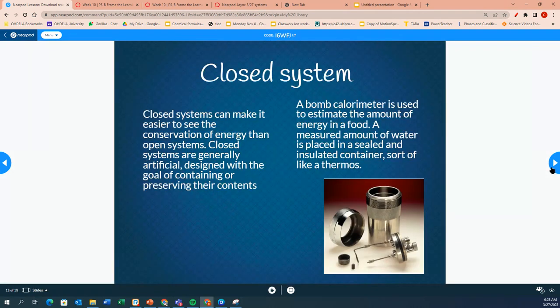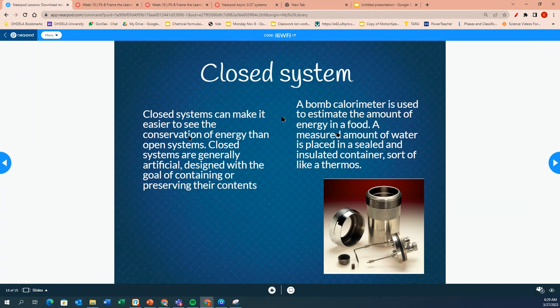Okay, so a closed system can make it easier to see the conservation of energy than an open system. Closed systems are generally artificial, designed with the goal of containing and preserving the content. So here's an example of a closed system. A bomb calorimeter is used to estimate the amount of energy in food.